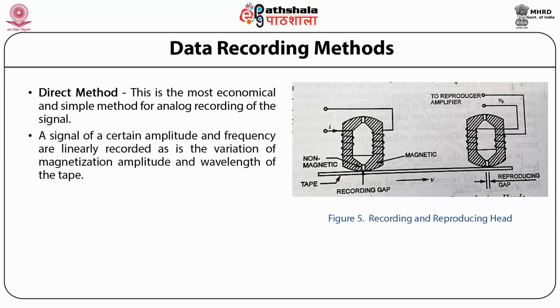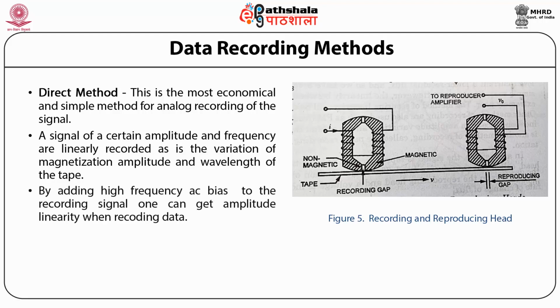A signal of a certain amplitude and frequency is linearly recorded as a variation of the magnetization amplitude and wavelength on the tape. By adding a high frequency AC bias to the recording signal, one can get amplitude linearity when recording data.